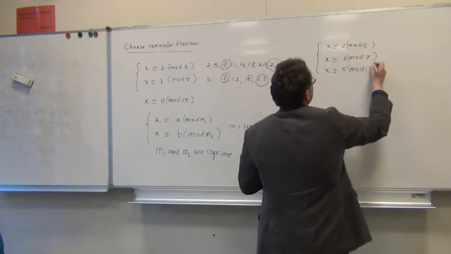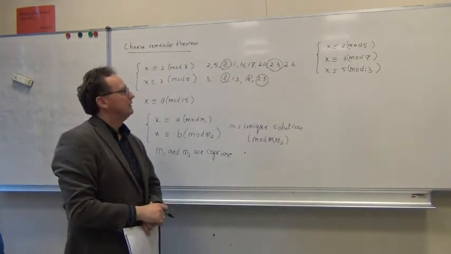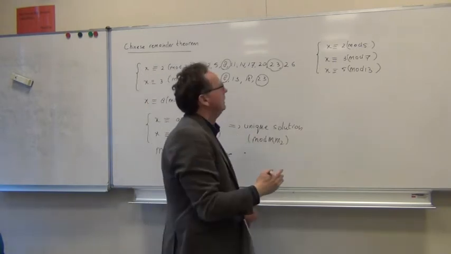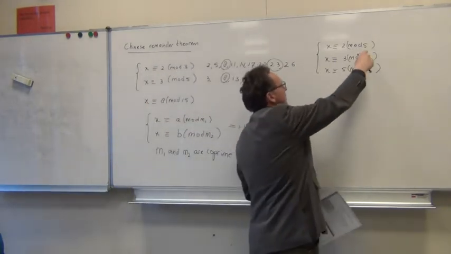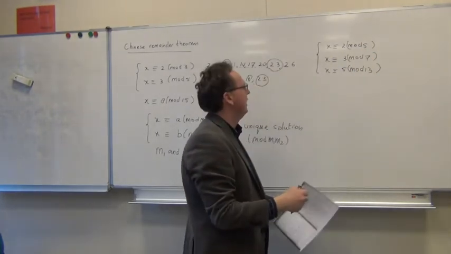Notice that the numbers 5, 7 and 13 are all primes. So we will expect, based on this theorem, a unique solution modulo 5 times 7 times 13, which is 455.